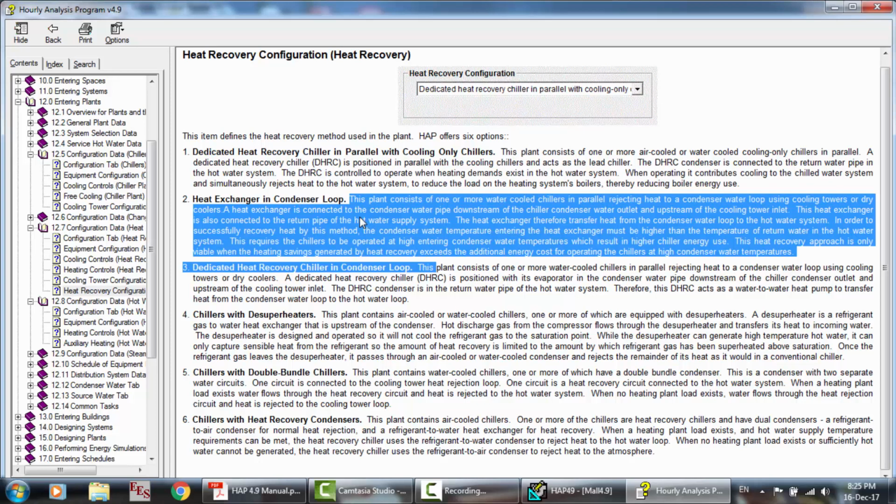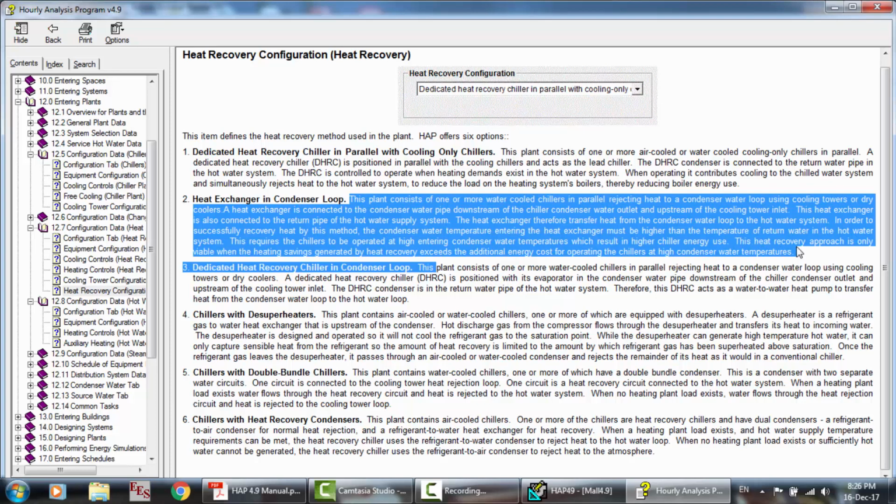So this heat exchanger is also connected to the return pipe of the hot water supply system. The heat exchanger therefore transfers heat from the condenser water loop to the hot water system. In order to successfully recover heat by this method, the condenser water temperature entering the heat exchanger must be higher than the temperature of the return water in the hot water system.